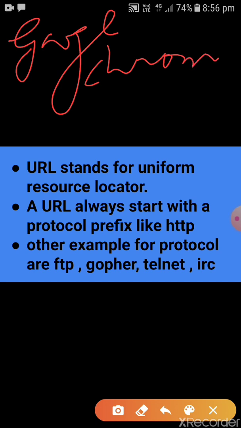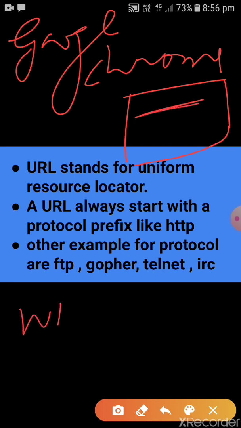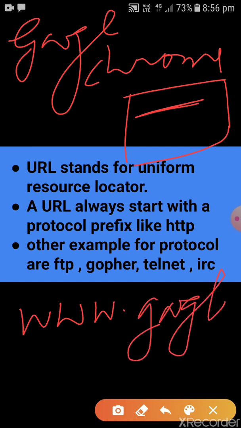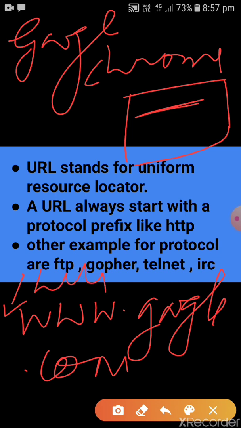You open Google Chrome, and a page appears in front of you. Here is the address bar. There you start writing www.google.com, and in front of this HTTP comes on its own. So this is the formation of a URL.